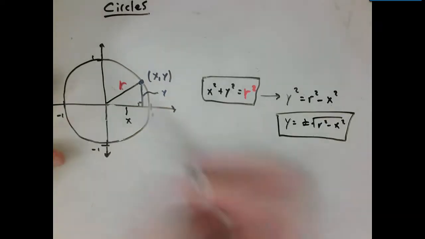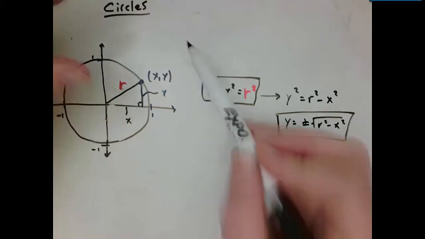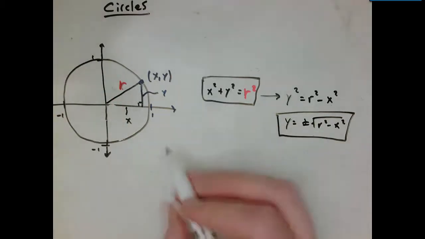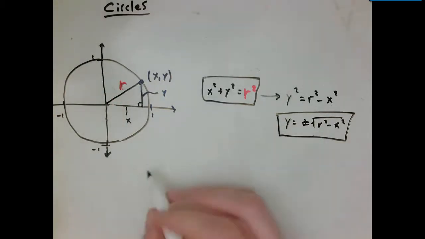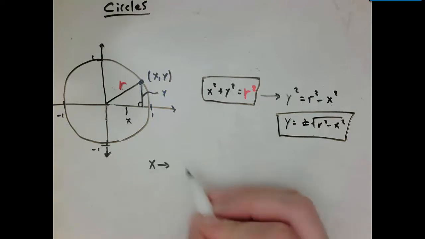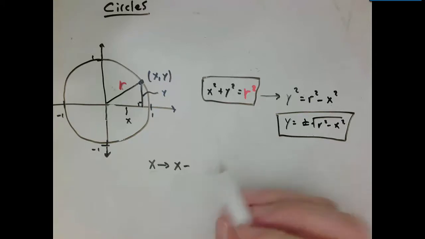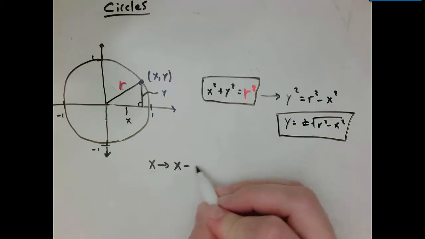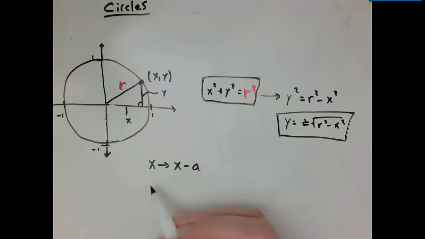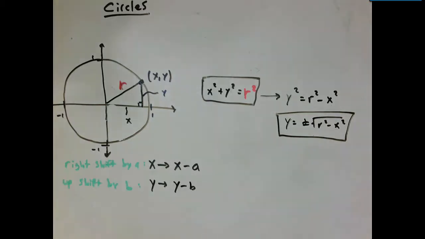What if we were going to take our circle and shift it right by a certain amount and up by a certain amount? To shift it right, you know that you substitute x with x minus some value. Let's call it a. And if I'm going to shift by the y value, I'll replace y with y minus some value.